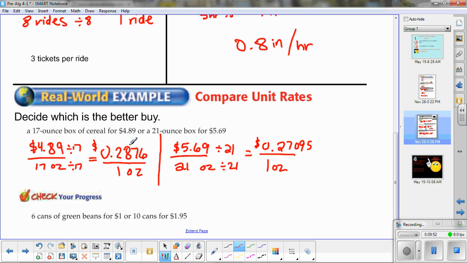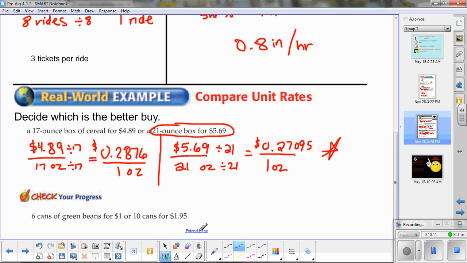We can tell that this one is almost 29 cents per ounce, and this one's just a little more than 27 cents per ounce. So this one is going to be the better buy. It's cheaper per ounce. So the 21-ounce box is going to be the better buy.